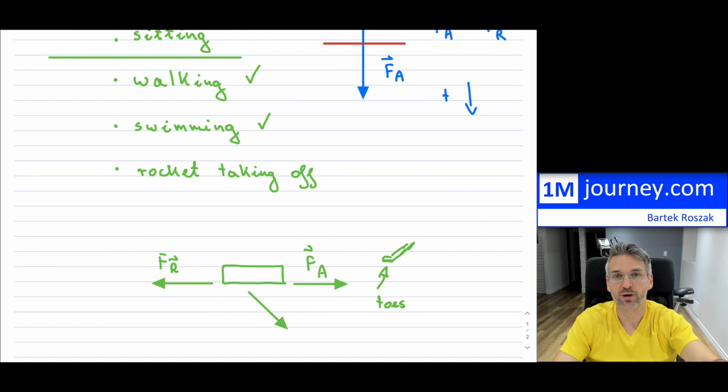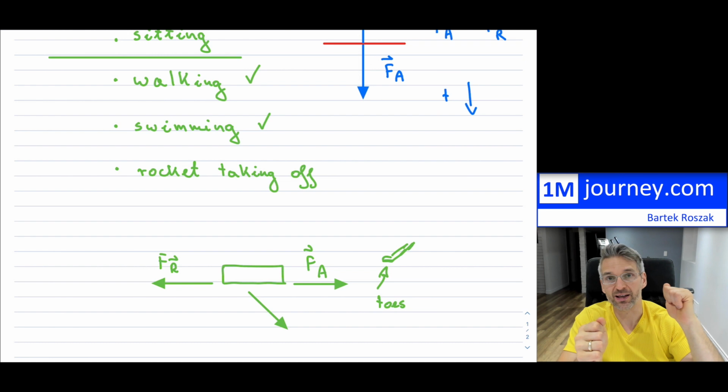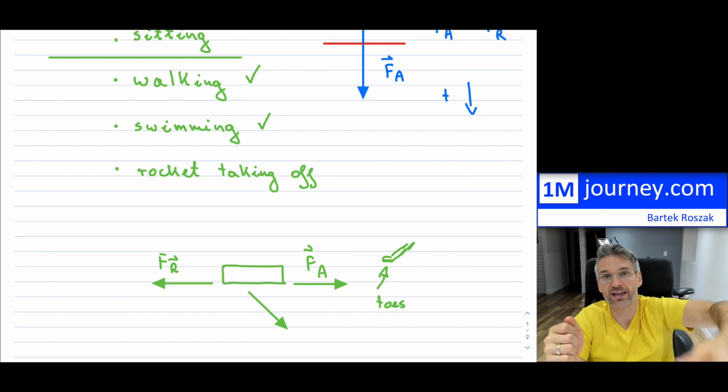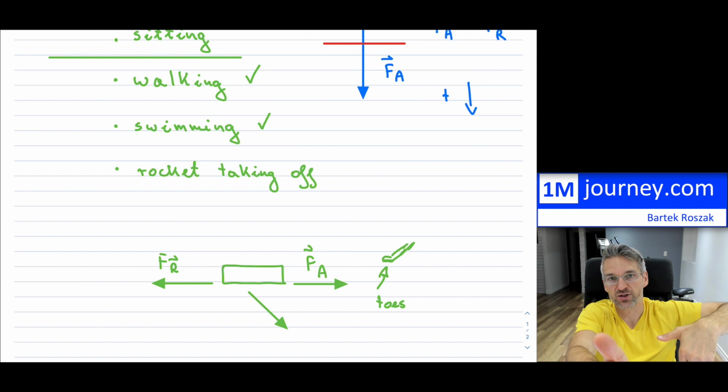As you're pulling or as you're walking, what you're pushing is in the opposite direction of the way that you want to go. So as you're swimming, you're not going to be pushing this way. You're going to be pushing that way against the water. So that push, that action force, allows the water itself to provide you the reaction force to allow you to go in the direction you want.